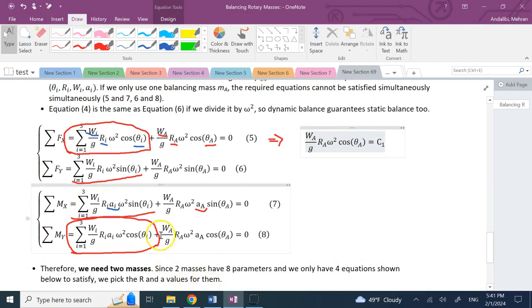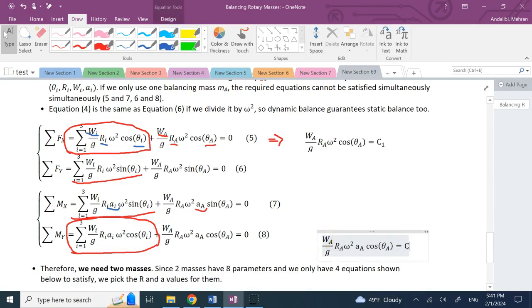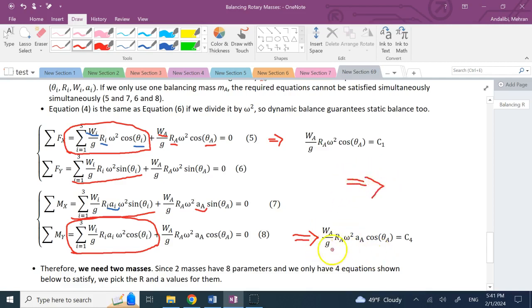In the bottom equation 8, this guy here is going to be some number, let's say C4. How are C1 and C4 related? If I divide the bottom one by the top one, everything is going to go except for AA.